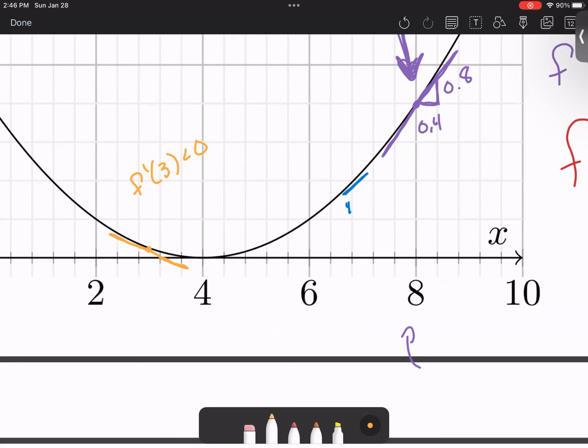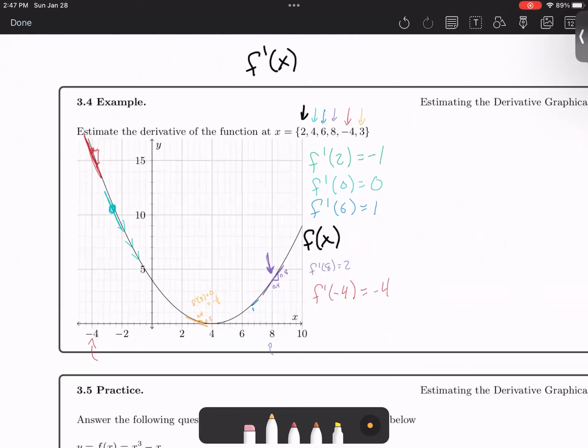If we had to guess at what it was, I go over by 0.4, and I really don't drop down that much at all. I maybe go over by 0.4, and I drop down by 0.2, meaning that my slope would be minus 1/2. Again, these are just estimates, so I'm trying to use nice numbers. So the slope of the function at 3 kind of looks like minus 1/2 to me.